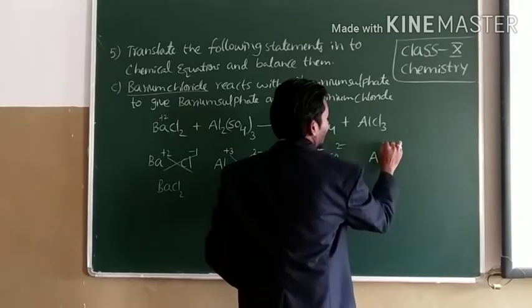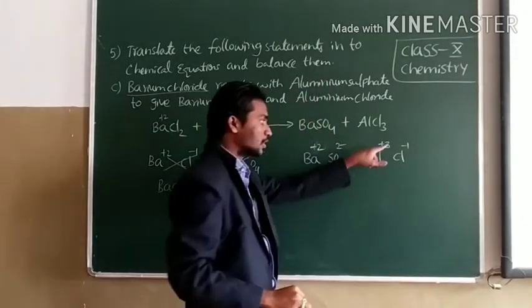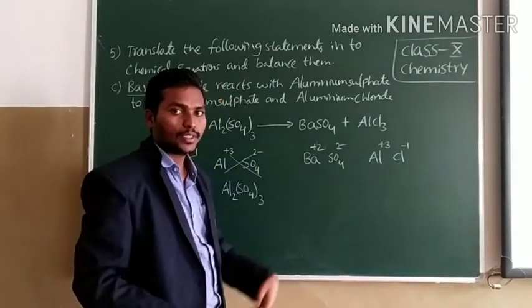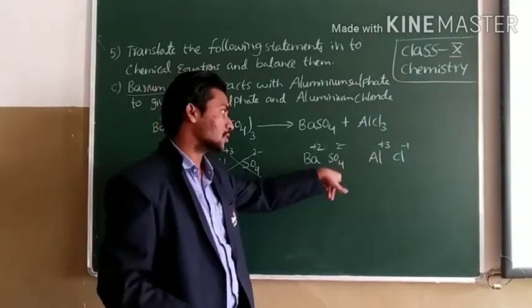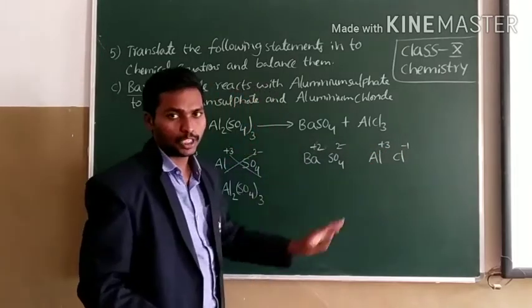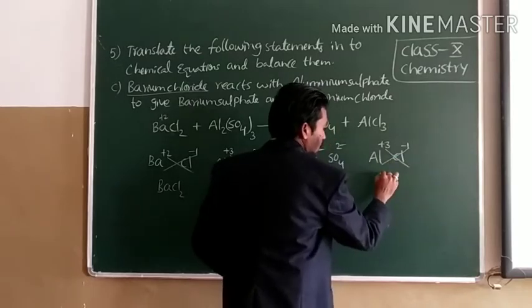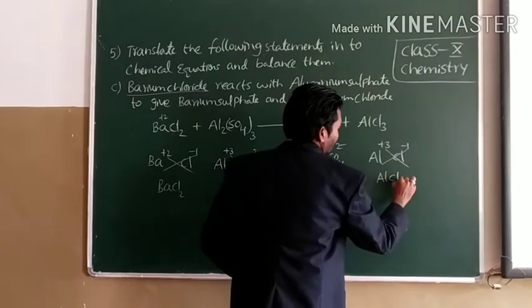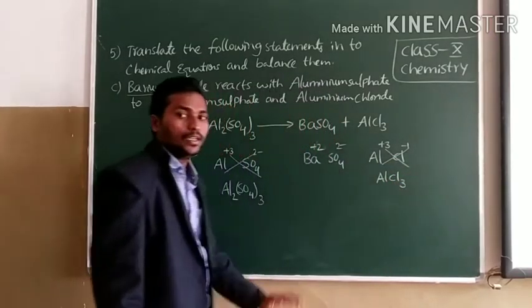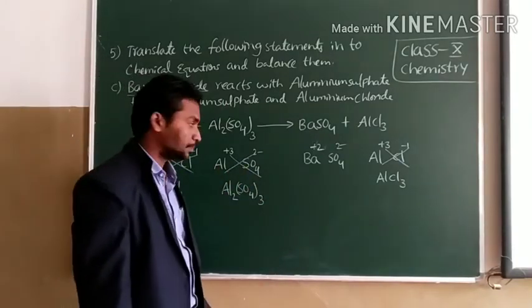Aluminum charge is +3, chloride is -1. The charges are not balanced, so we crisscross the charges and write the numbers as subscripts. Here 1 comes here and 3 goes there, so we write AlCl3. This is the way we write the chemical formulas of compounds.